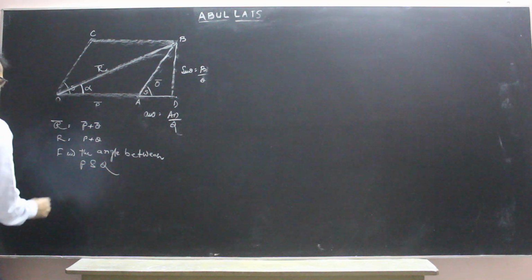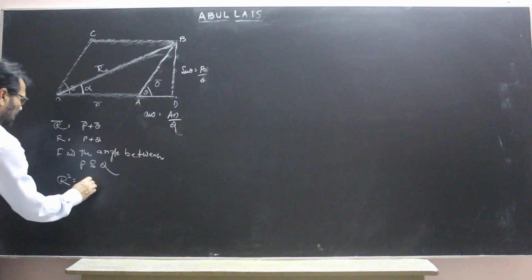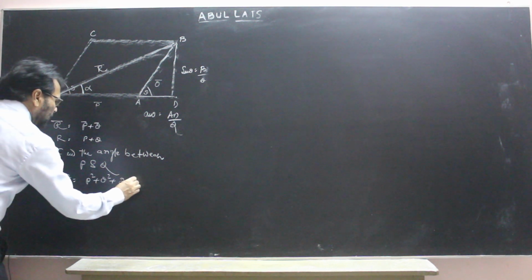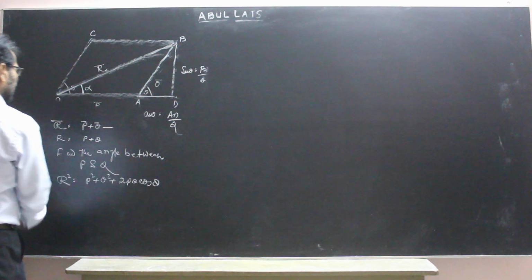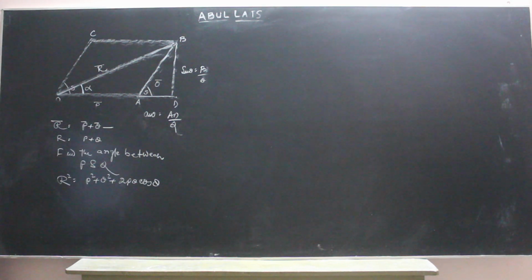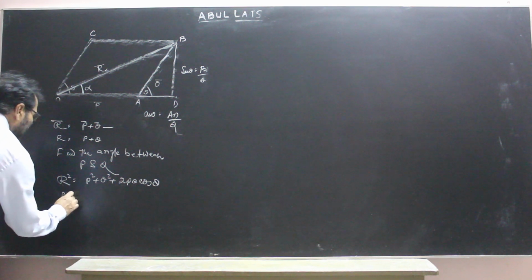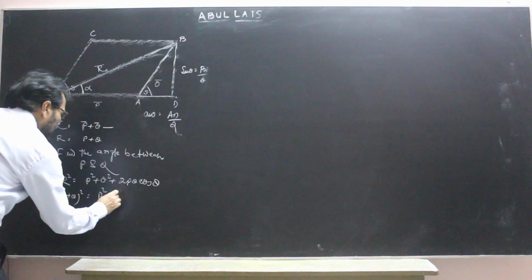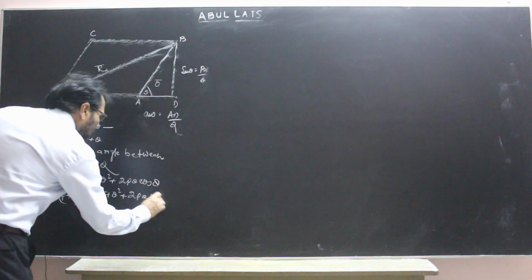So now we can write R square is P square plus Q square plus 2PQ cos theta from the first expression. Vector R is equal to P plus Q, and from the scalar R, it is P plus Q whole square. It is P square plus Q square plus 2PQ cos theta.